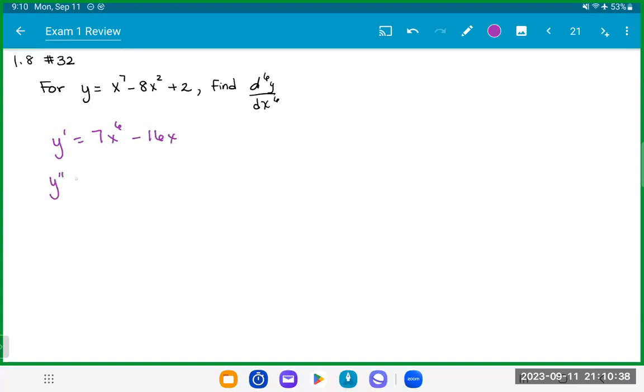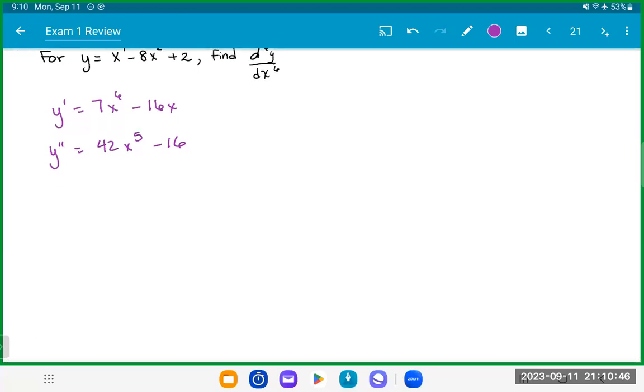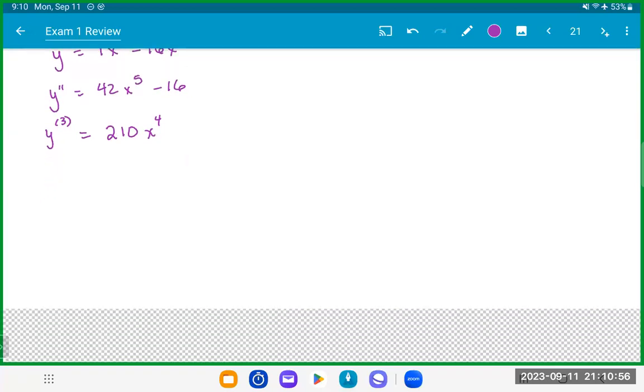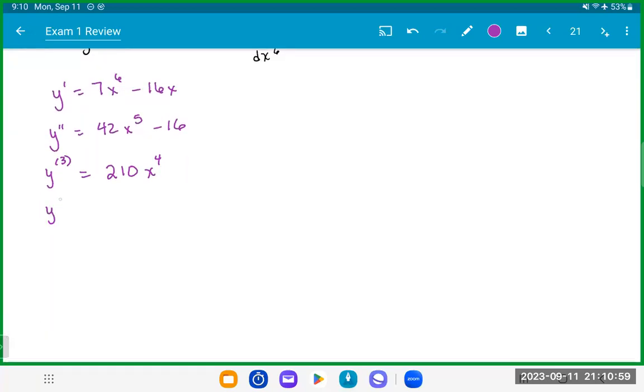My second derivative is 7 times 6, which is 42, x to the 5 minus 16. My third derivative is 42 times 5, 210, x to the 4. My fourth derivative is 210 times 4, which is 840, x cubed.